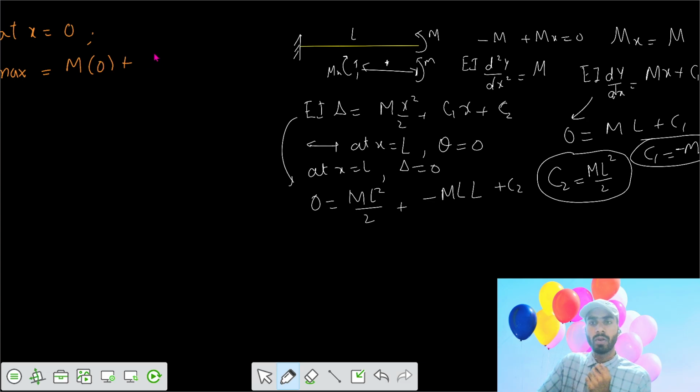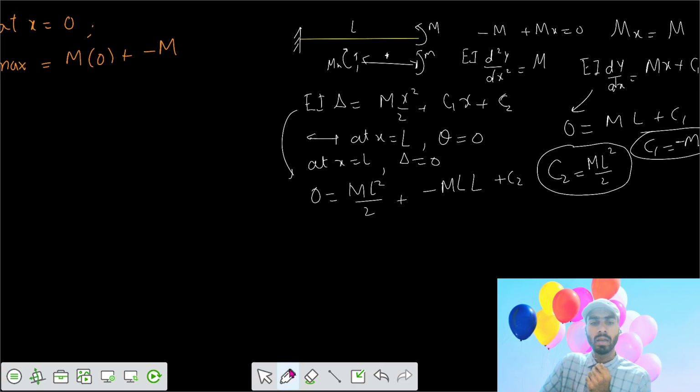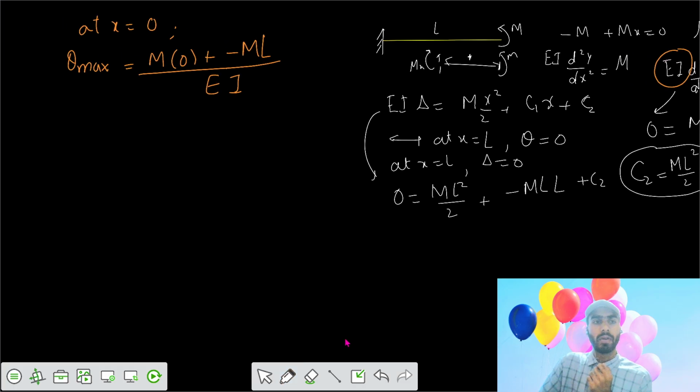C1 value is your minus M into L by EI. We divided this EI downward. So your theta max equals to minus ML by EI. Negative means that the theta is anti-clockwise.